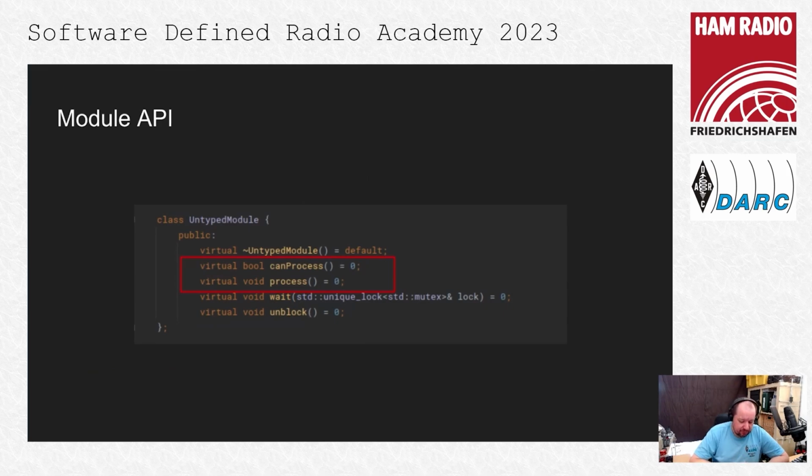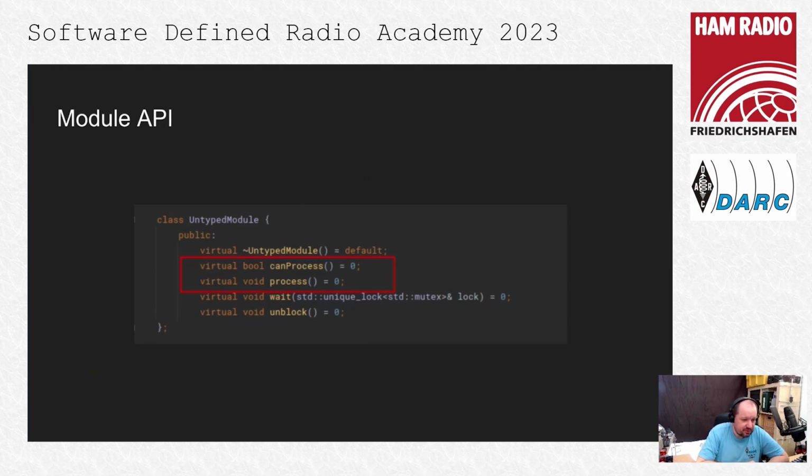This is what I said before. This is the module API. So when you want to implement a module that can run in that new DSP pipeline, that's basically what you implement. There, I've put a red box around the 2 methods that are important. The others have a default implementation somewhere down the line.